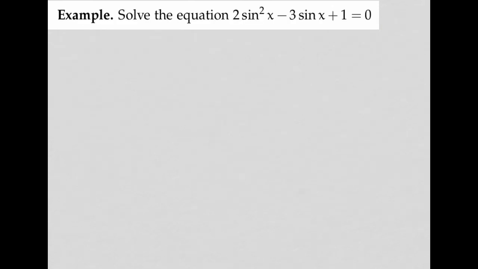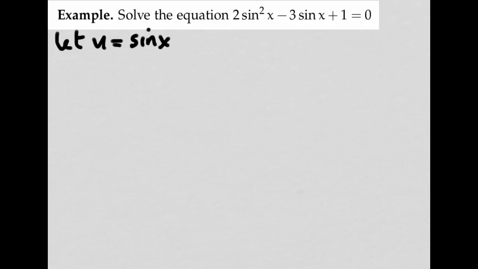Next, let's solve the equation 2 sine squared x minus 3 sine x plus 1 equals 0. So this is a quadratic equation in sine x. We can make a substitution. Let u equals sine x.